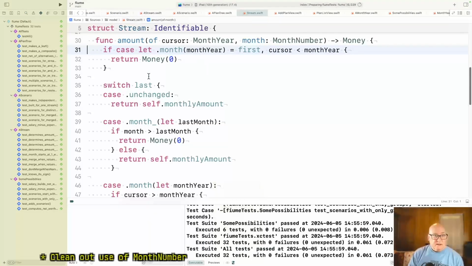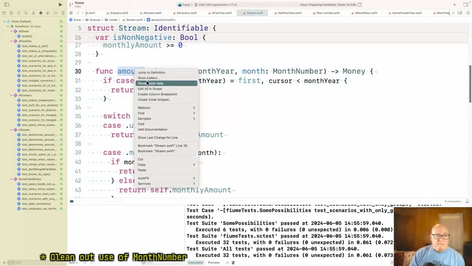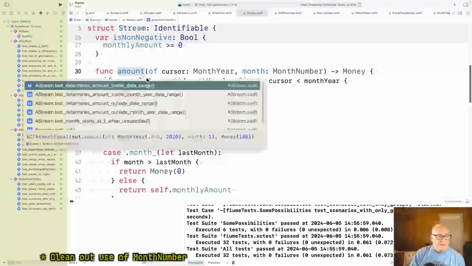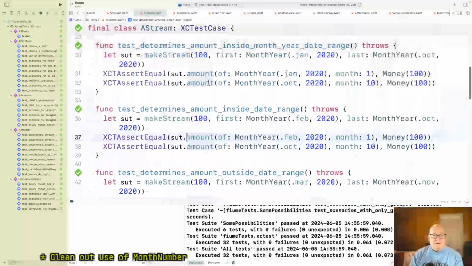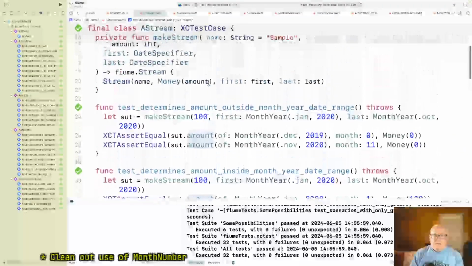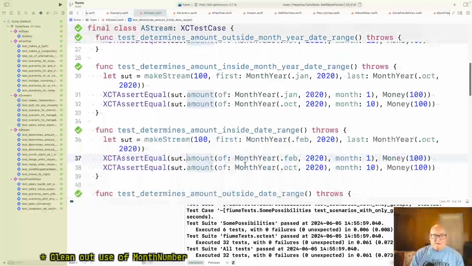Oh, there isn't a failing test. How interesting. A stream test. Turn them out. Oh, okay. We had them and changed them over to the month year ones, I guess.